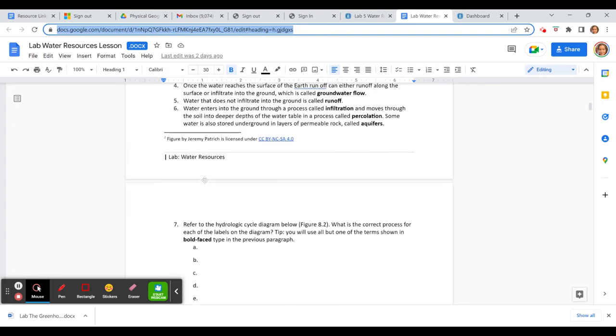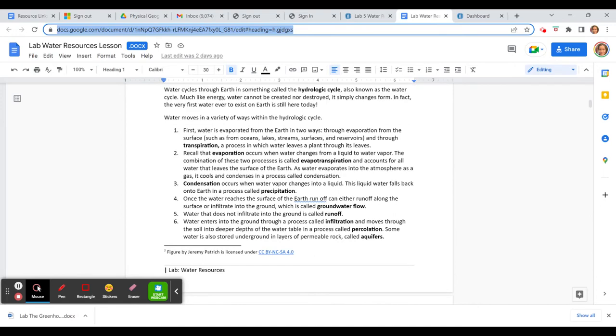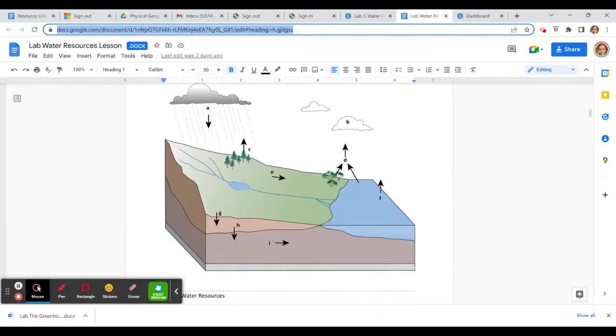Come back up here and choose. Which one would you put for A? Now, if it were me, I would put precipitation. Let's scroll back down to our diagram here and come to the letter F. What would you put for the letter F?